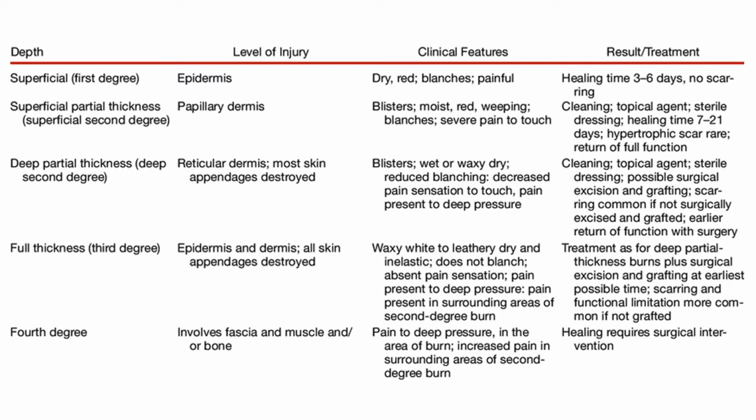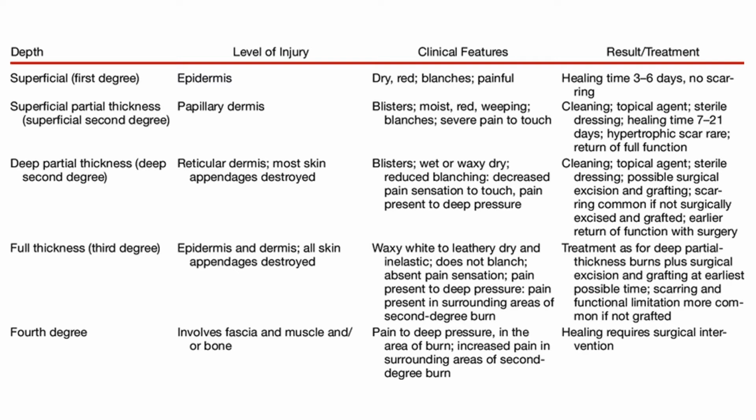And then going down to our fourth, which is our 3rd degree burn, also known as a full thickness burn. And the level of injury to this, the epidermis is destroyed, the dermis is destroyed, and all skin appendages are destroyed. Okay, so we just haven't gotten into the muscle yet. That's really the only difference here. So the tissue is going to look waxy white.